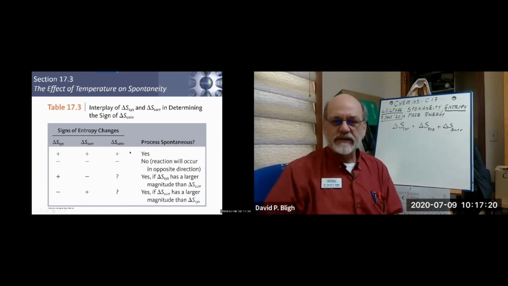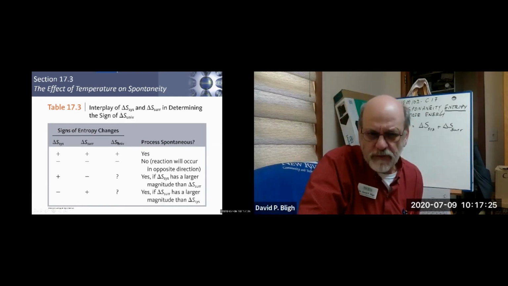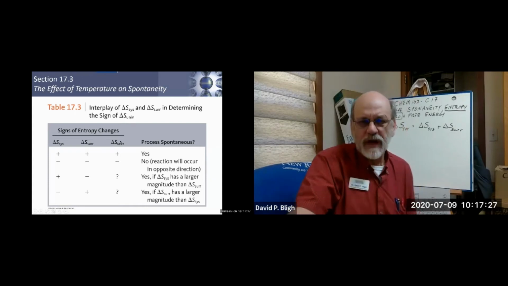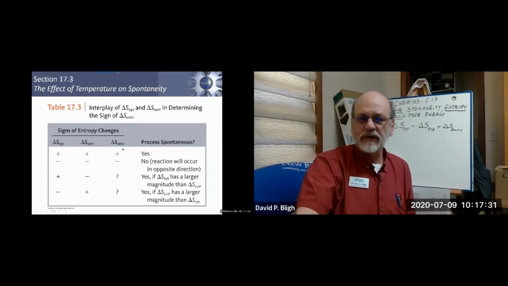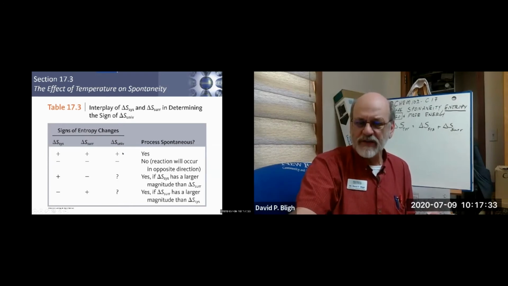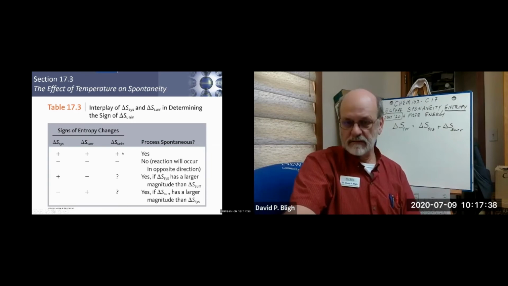Using delta S, in this case, the authors are referencing delta S universe. I'm saying it's total. So if delta S total is positive, then the process is spontaneous, without question.